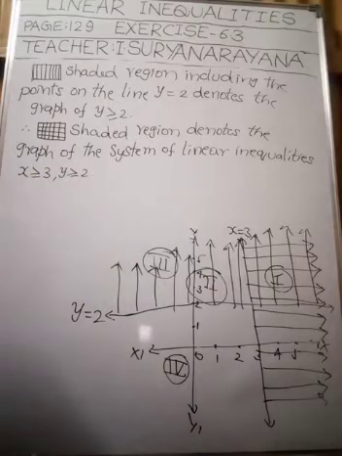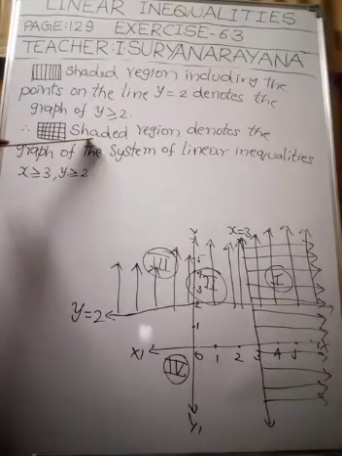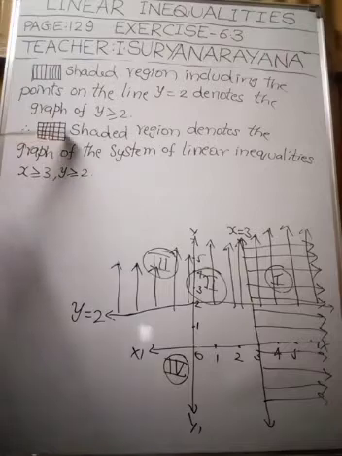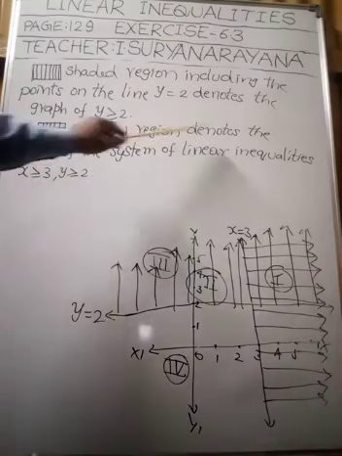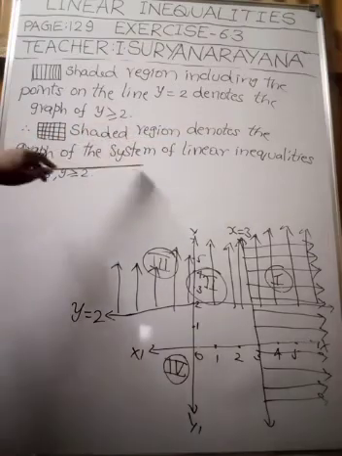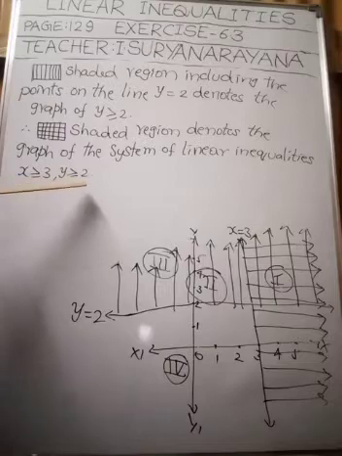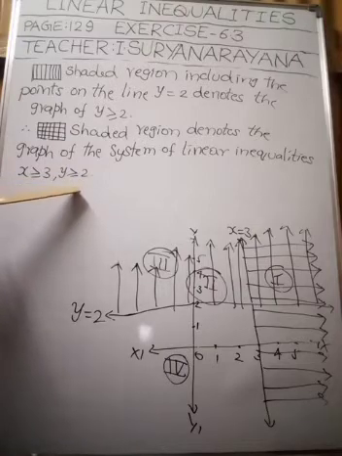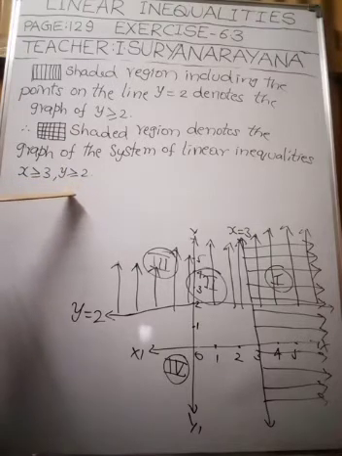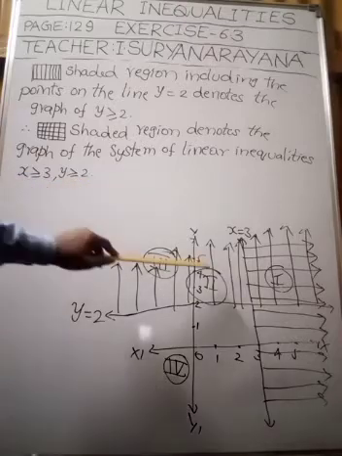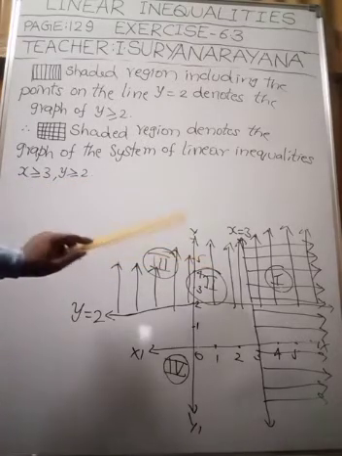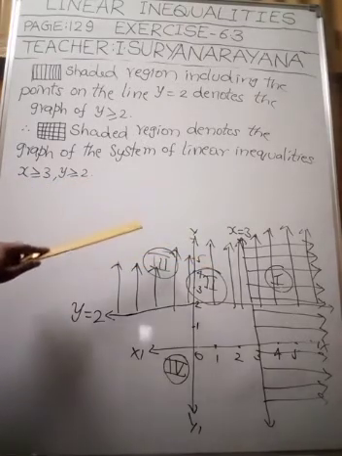That's all. Finally, we have to write this point. This double lines shaded region denotes the graph of the system of linear inequalities x greater than or equal to 3, y greater than or equal to 2. Understood this point, my dear children? We just combined two graphs on one graph sheet. That is enough. Understood this point, my dear children?